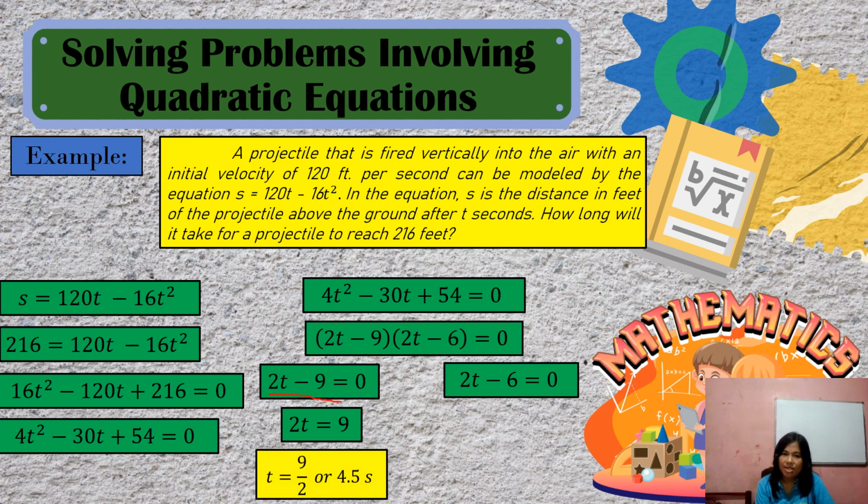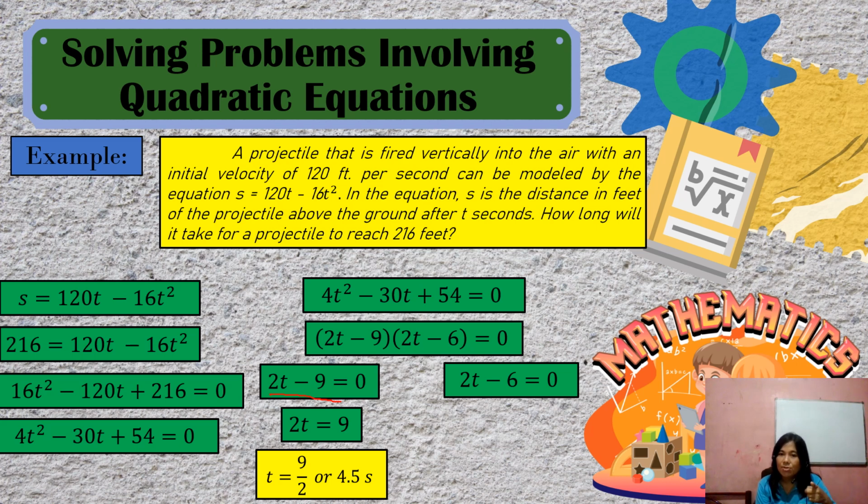So we have 9 over 2, and since this is a real life problem, let's change 9 over 2 into decimal. So we have 4.5 seconds. Okay? So at 4.5 seconds, the projectile is at 216. The distance is 216.